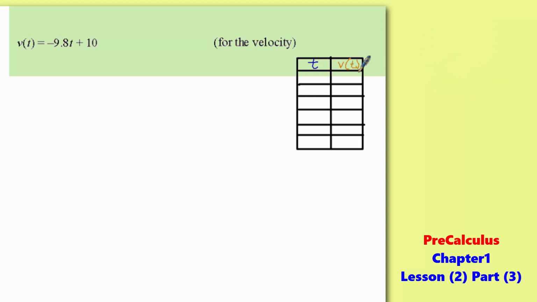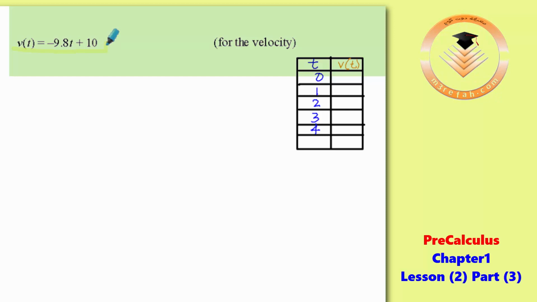Let us choose values starting from t equals 0, because time cannot be negative: 0, 1, 2, 3, 4. Let's try to find the values for the given velocity function here.